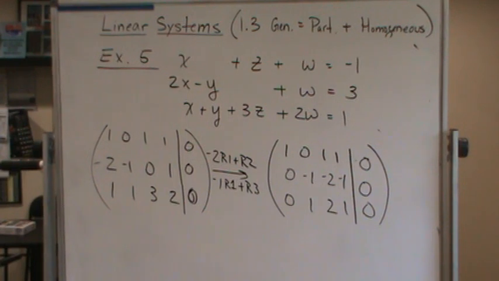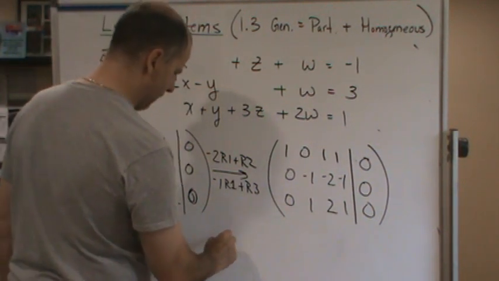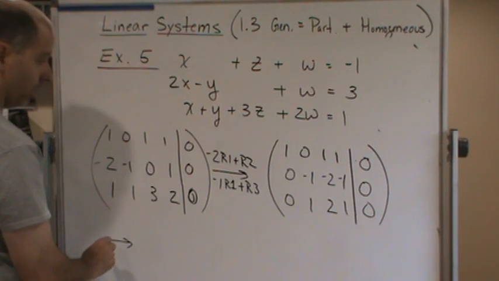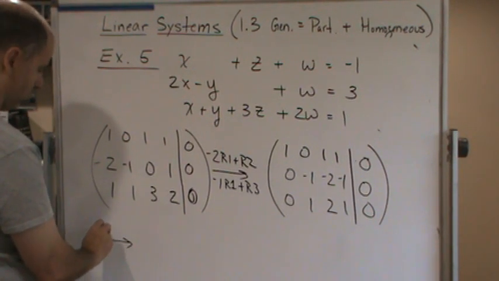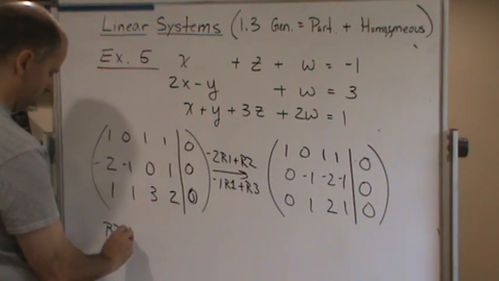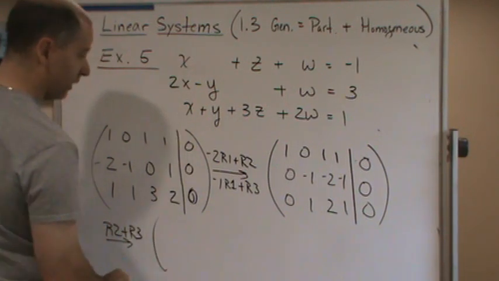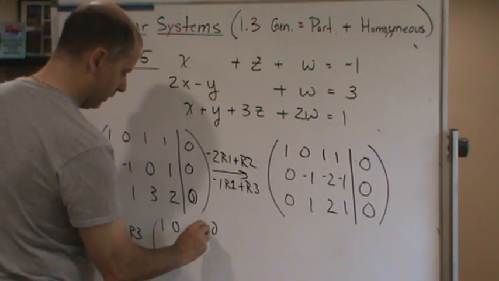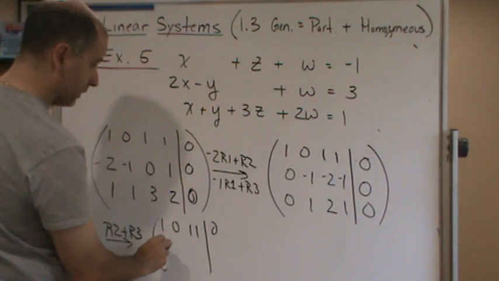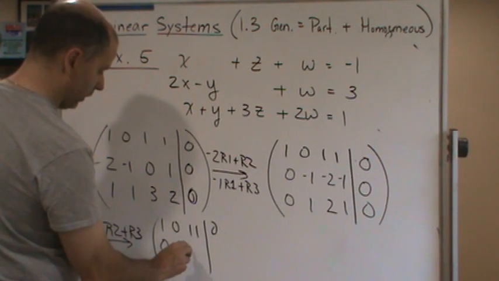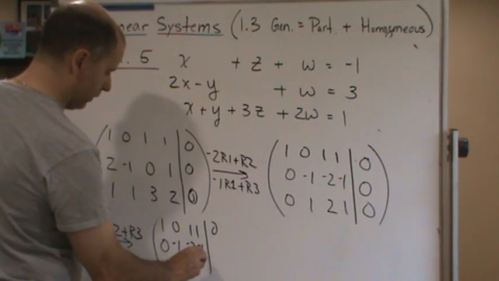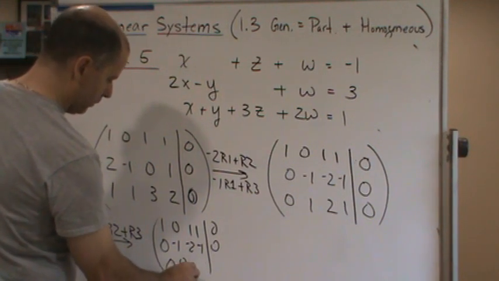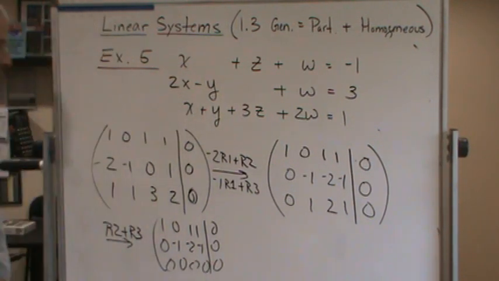Now if we go to the next step and take row 2 plus row 3, then we can continue on, because then we get 1, 0, 1, 1, 0. Then we get 0, negative 1, negative 2, negative 1, 0. And then we get 0, 0, 0, 0, 0.